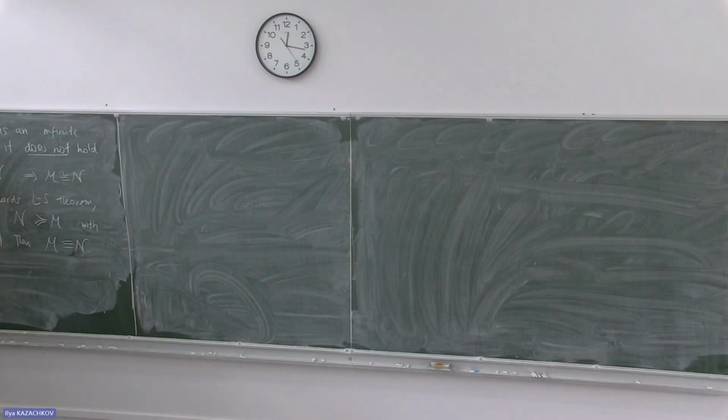Even if you combine the upwards and downwards, you can stay in the same cardinal. That's right. But what I'm saying is that in this case, I will find two structures which are elementarily equivalent, but they cannot be isomorphic since there is no bijection between them.